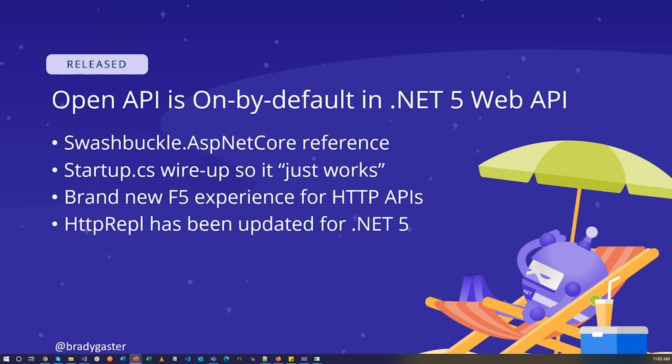If you have the Swashbuckle library in your project, Swagger will be enabled in your APIs. HTTP REPL is more likely a command line tool. You can explore your APIs the same as the directories on your machine, with the cd commands and the ls commands.